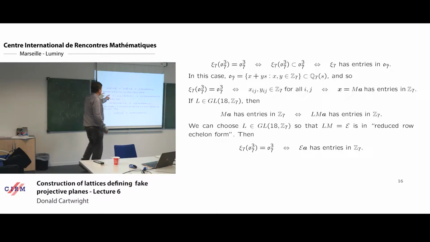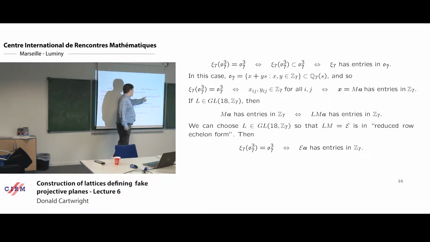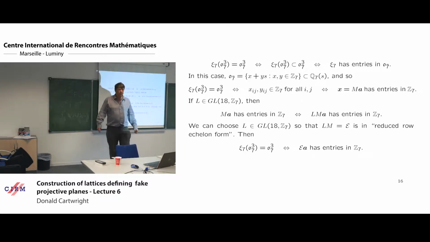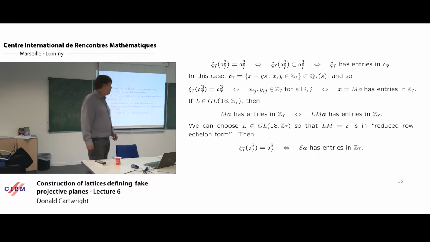The valuation ring consists of the obvious thing, the x plus ys, where x and y are as in Z7. And so what it means that this psi sub 7 fixes this lattice is that the xij's in the previous matrix are all in Z7. And that means that this vector has entries in Z sub 7.